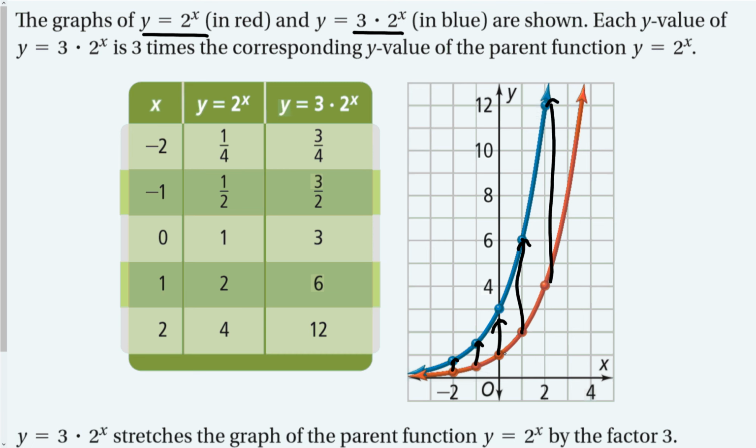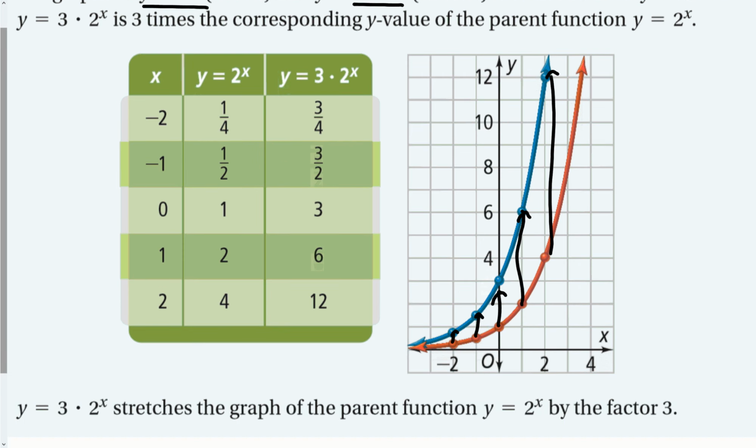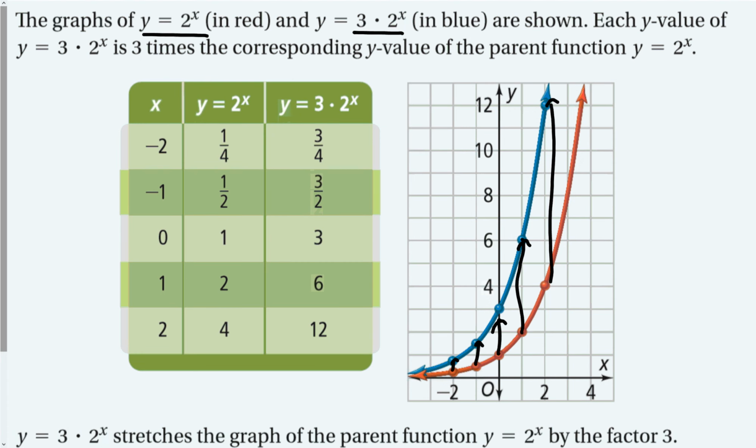It's not moving the red line up. As you go further right, each point gets further and further away from the one you're stretching, because you're stretching it by a factor of 3. So it's 3 times the corresponding y values if you look at the table right there. That's what it says: stretched by a factor of 3.